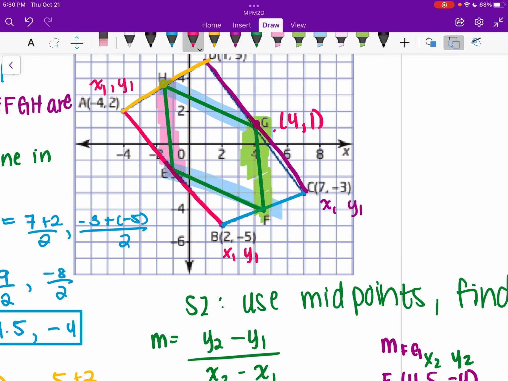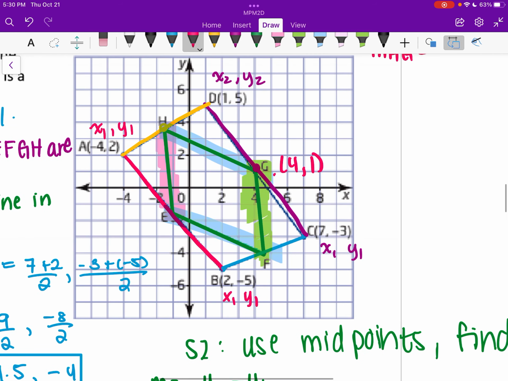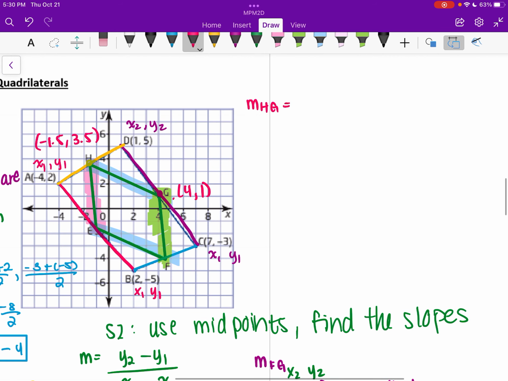So I have 4, 1, and for H, I have 1.5, 3.5. And remember that this is a negative. All right, so let's go use those points. So I'm going to label my H as the 1 and then my G as the 2. So I have 1 minus 3.5 divided by 4 minus negative 1.5, right?